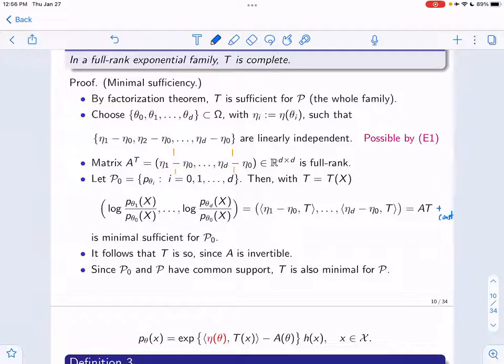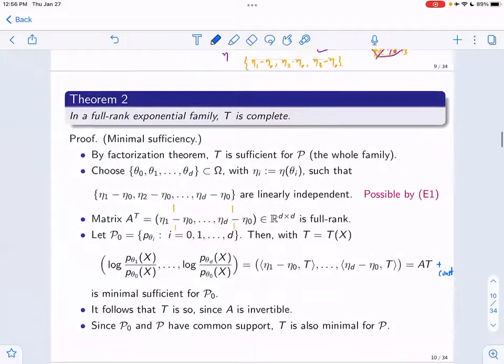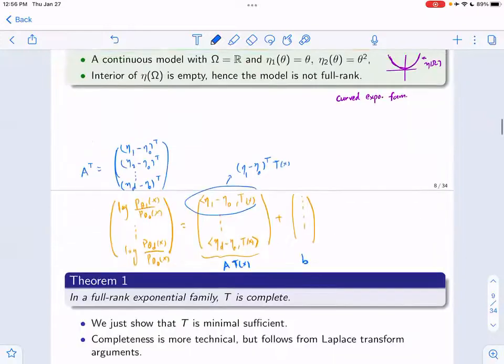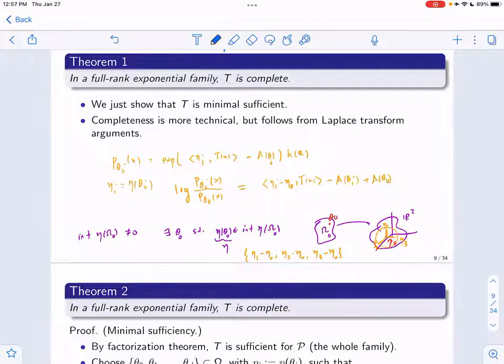Whether T being complete requires it, it's a good question. I don't remember it from the top of my head, but you're welcome to dig into the literature, see whether it's needed. But definitely if it's full rank, then all is good.